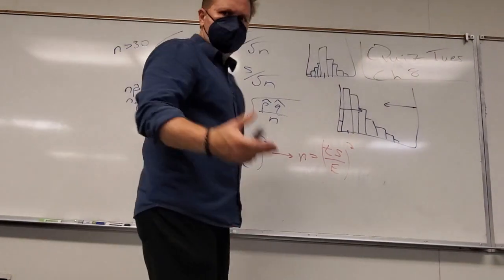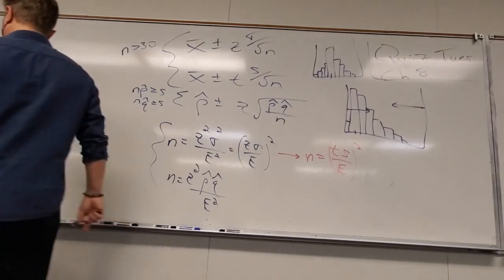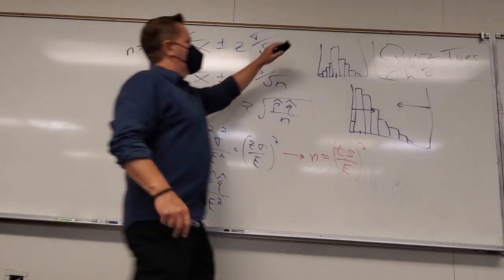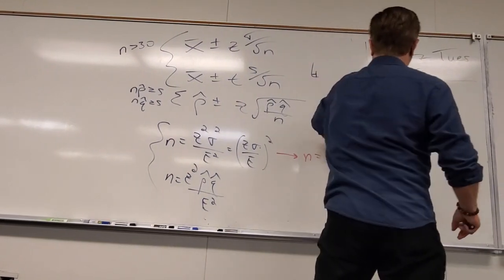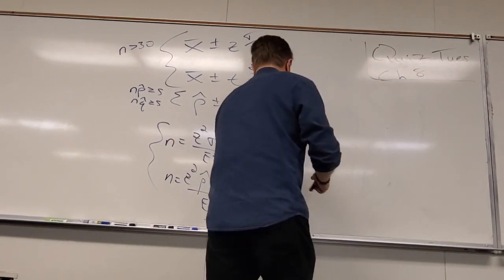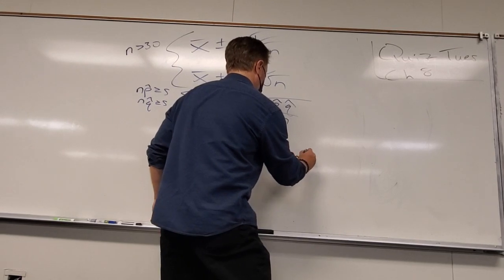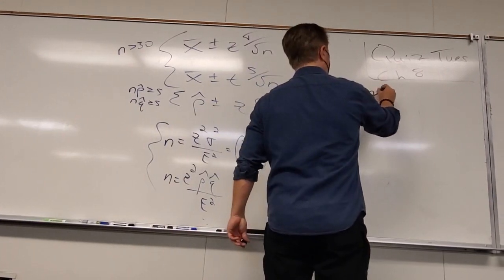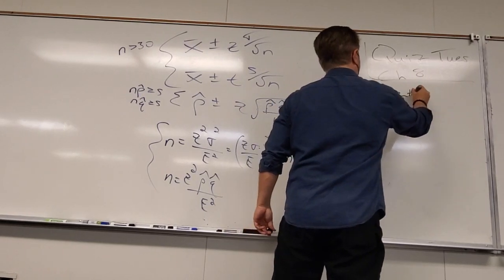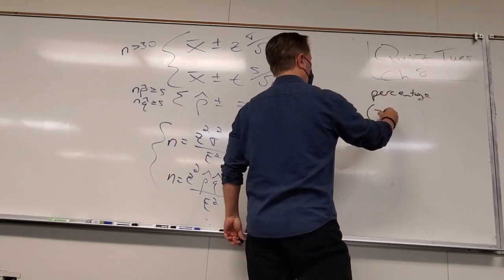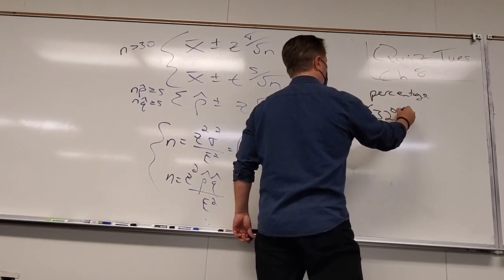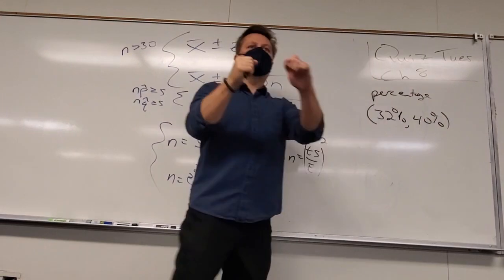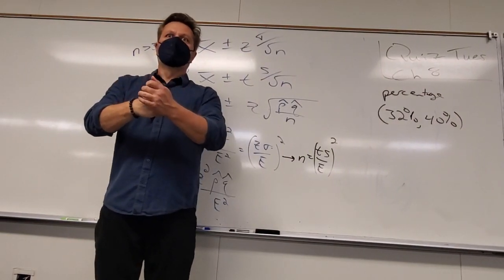So if I said I created a confidence interval for the percentage, and I got 32% up to 40%. So that's the confidence interval I created.